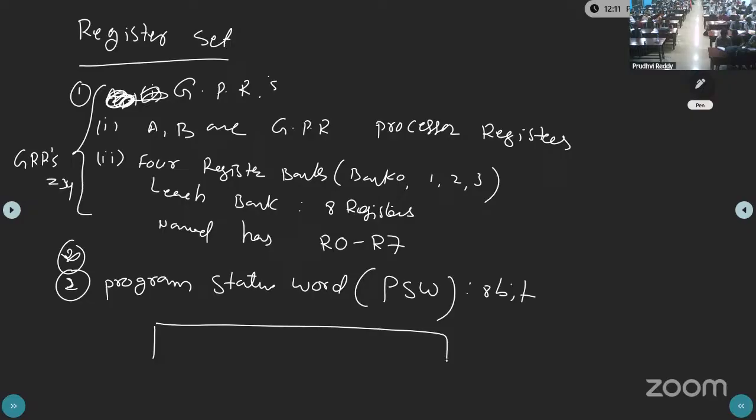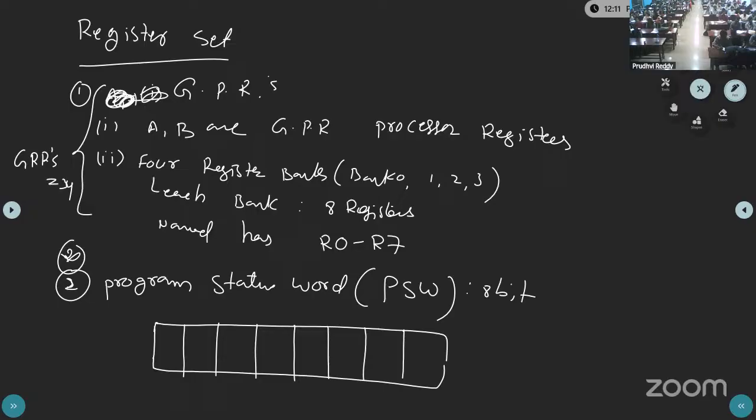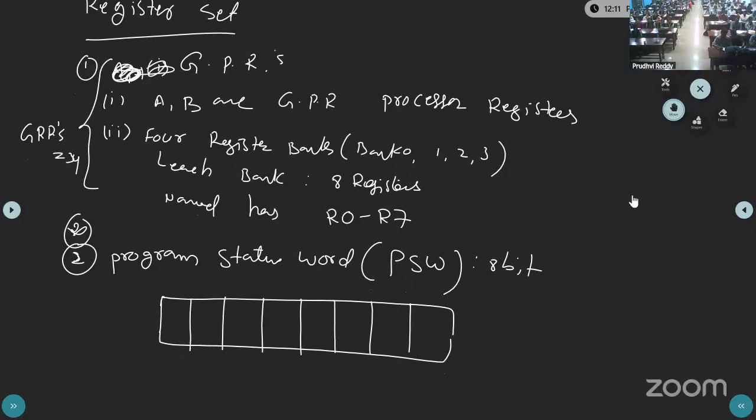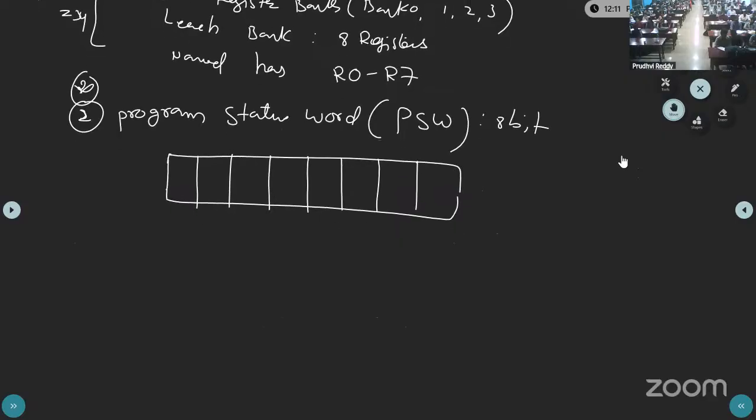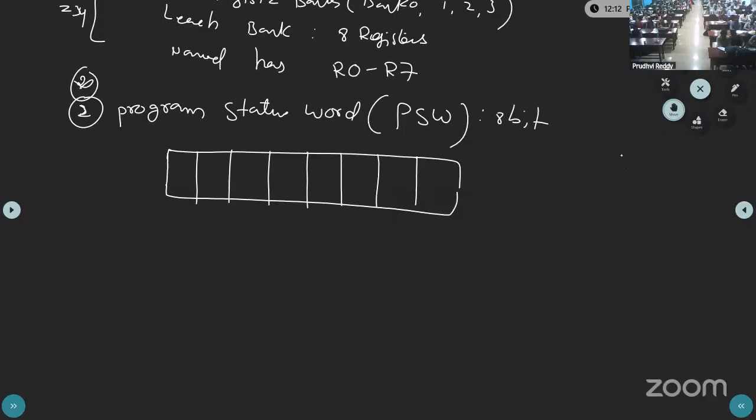Bit addressable. 1, 2, 3, 4, 5, 6, 7. Okay. This is the program status word.